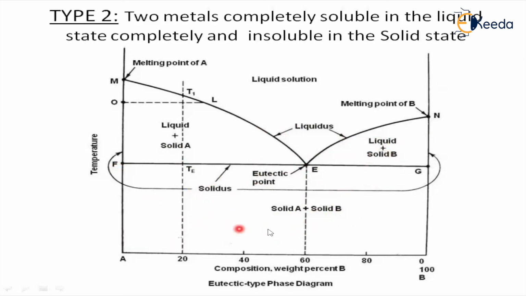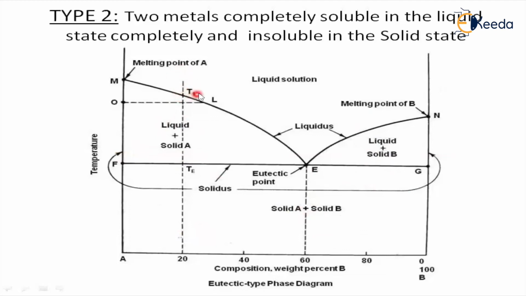So here at various compositions you will get different types of alloys, and with this phase diagram anybody can identify, at a given temperature, what the state of the alloy is, whether it is in the form of liquid plus solid or in the form of liquid.